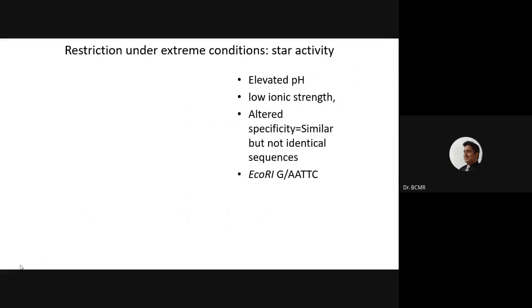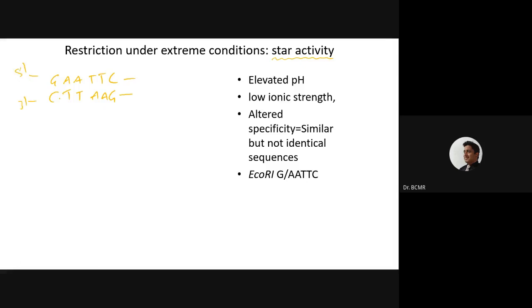And there are some more things that we have to discuss. I think some people who have studied know about star activity, but otherwise we will see that. What is star activity? GAATTC is the sequence for EcoR1.